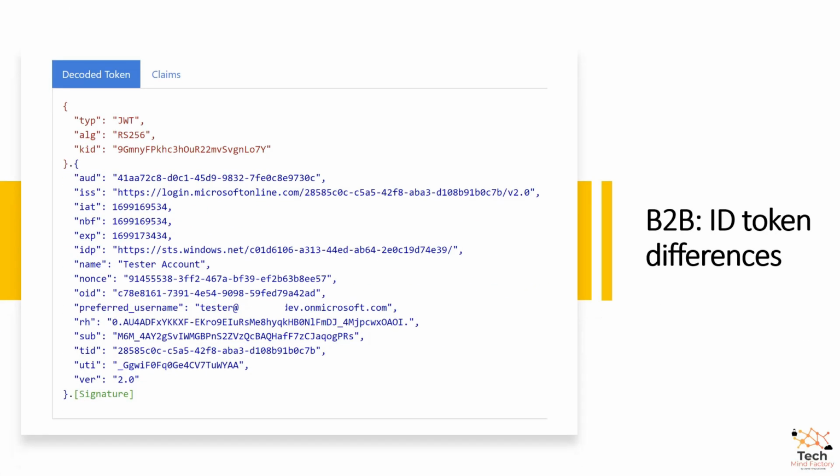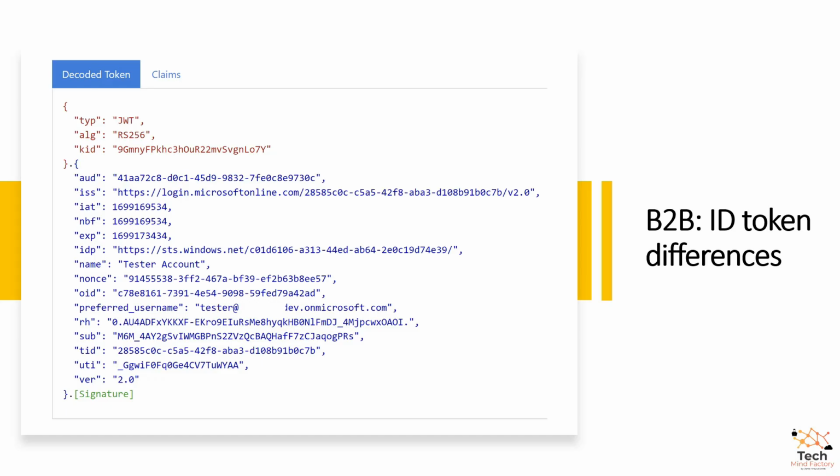Great. So before we jump into the demo, it's very important to understand some differences in tokens actually issued when we implement those different scenarios like single tenant app, multi-tenant app, or B2B access. So let's start with an ID token that is issued for the B2B user. So once again, as you remember, when we talk about B2B, we talk about a single tenant application.